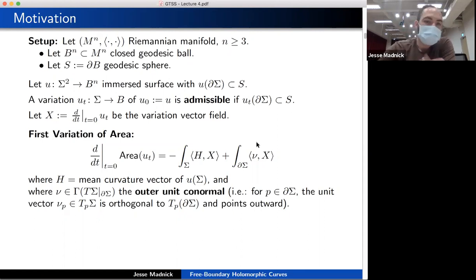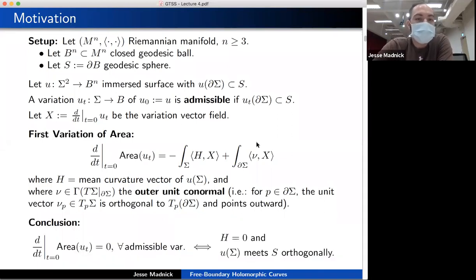So in particular, we might be interested in studying those immersed surfaces that are critical for the area functional among all admissible variations. Okay, so such surfaces, if they're critical for the area for all admissible variations, that means that the left-hand side is 0. And that means it's 0 for all variations. So these are 0 for all X. And so that implies in particular that H, the mean curvature vector, is 0. And also that this inner product here has to be 0 as well.